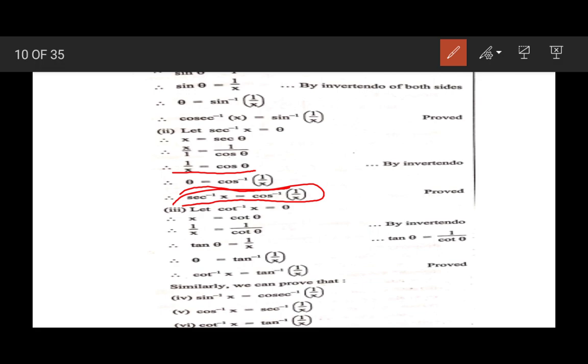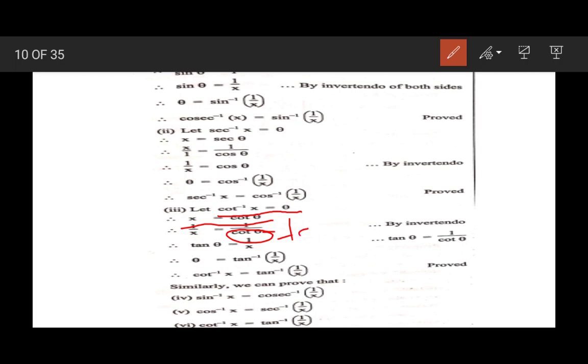Okay, then let us see for cot inverse. A similar proof: cot inverse x, consider this as theta. Then apply the inverse trigonometric function definition. By using the definition, we get x equal to cot theta. Now cot theta means 1 upon tan theta.